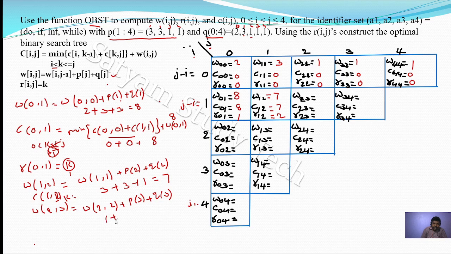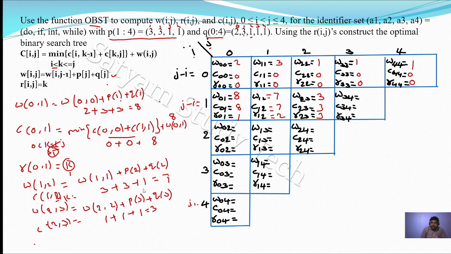So 1 plus p of 3 value is 1, plus q of 3 value is 1. So w of 2 3 value is 3. Here also you can calculate C of 2 3. That value is also 3 in this step, and the k value is 3. You can calculate by using this formula.